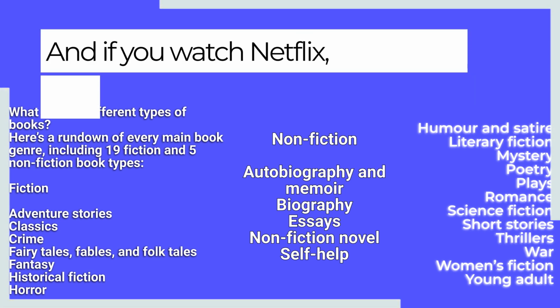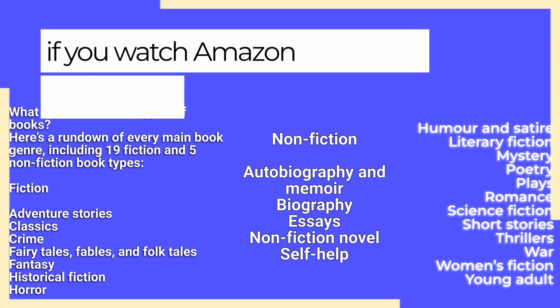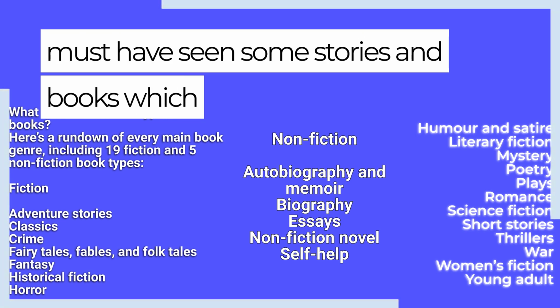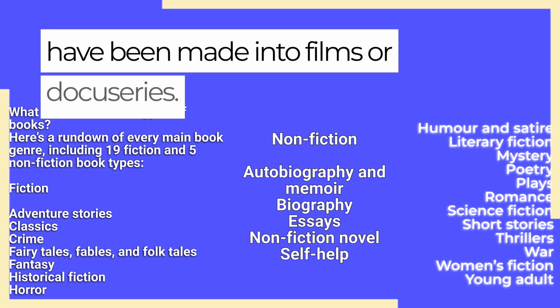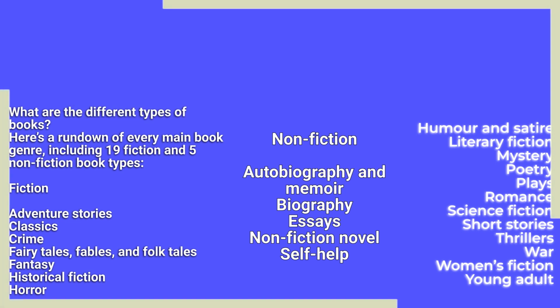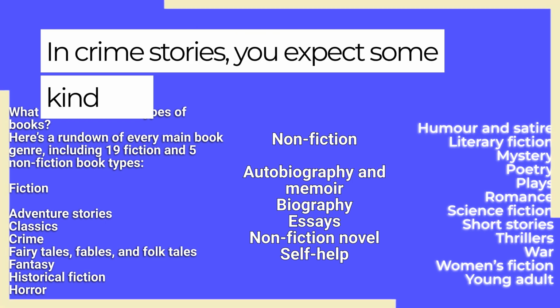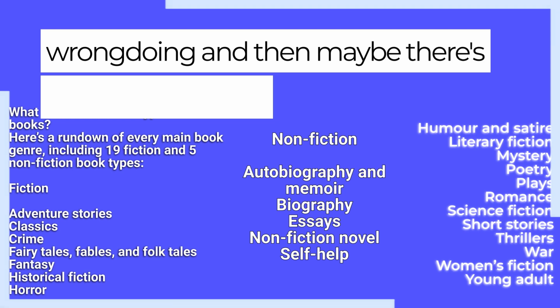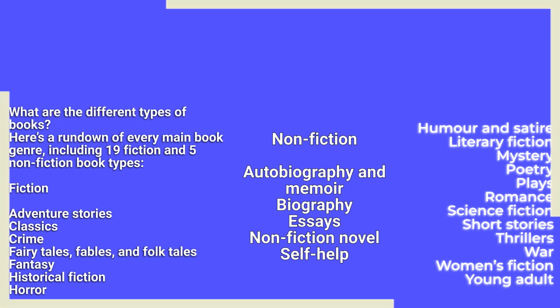And if you watch Netflix like myself, and if you watch Amazon Prime like myself, you must have seen some stories and books which have been made into films or docuseries. In crime stories, you expect some kind of wrongdoing. And then maybe there's a search for justice.